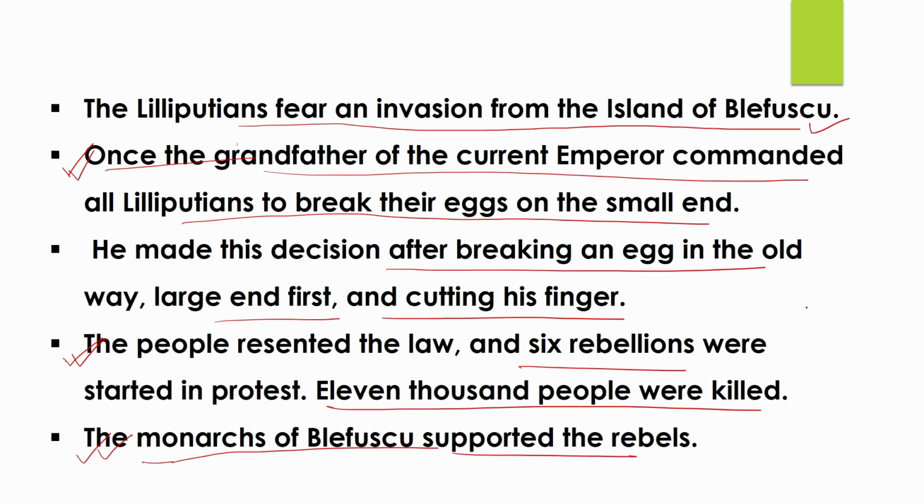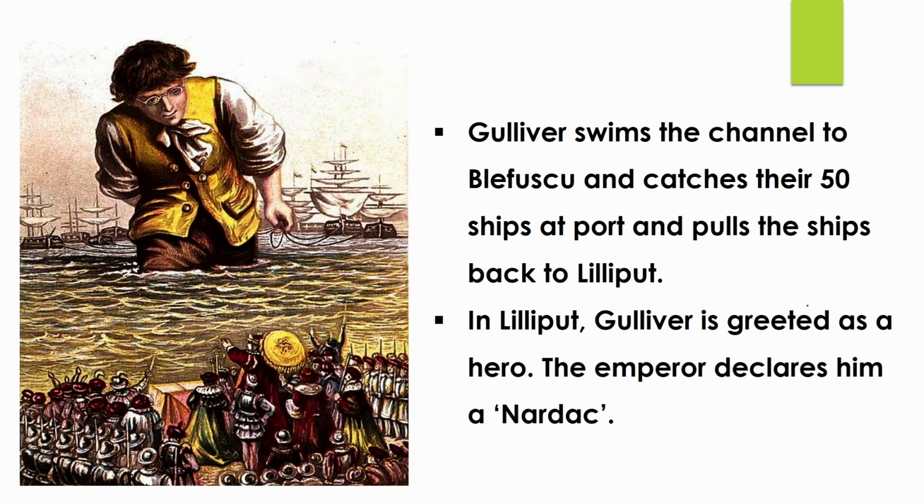The government of Blefuscu accused the Lilliputians of disobeying their religious doctrine, the Brundecral, by breaking their eggs at the small end. The Lilliputians argued that the doctrine reads that all true believers shall break their eggs at the convenient end, which could be interpreted as the small end.